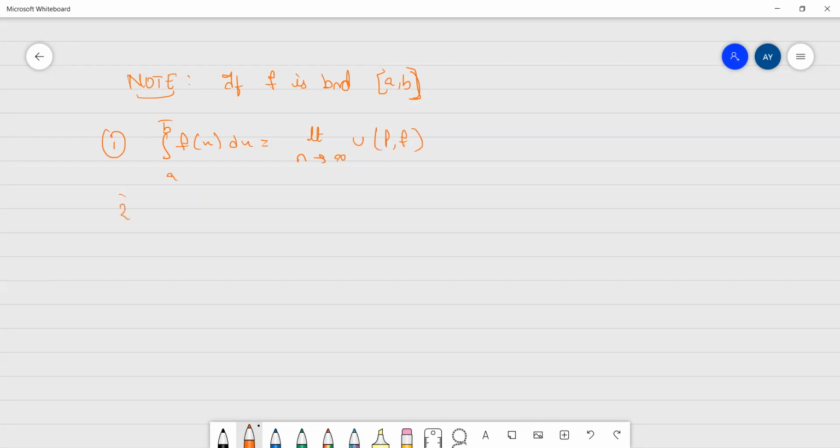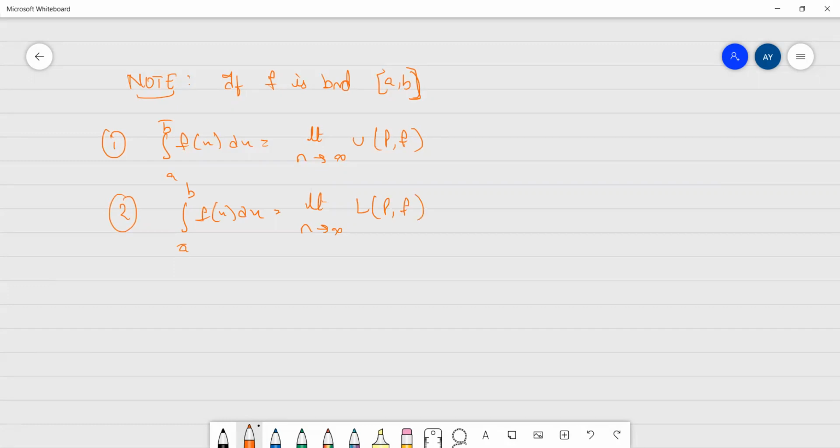And the second note point is the same for the lower Riemann integral: the lower integral of f(x) dx equals the limit as n tends to infinity of L(P,f). So this is a note point.